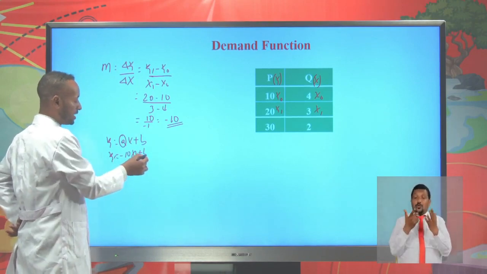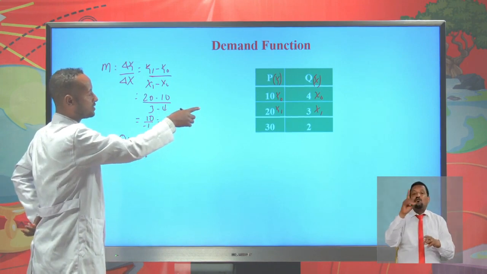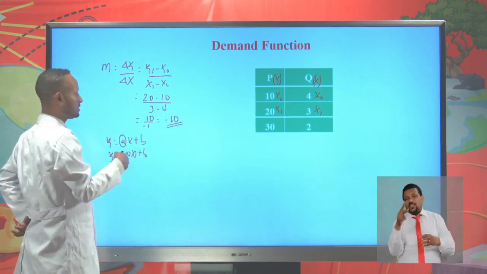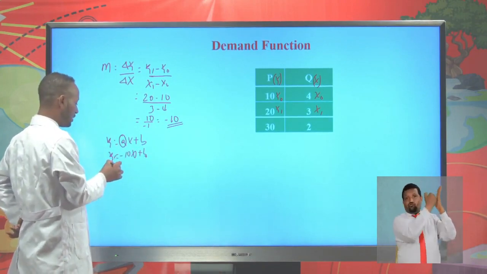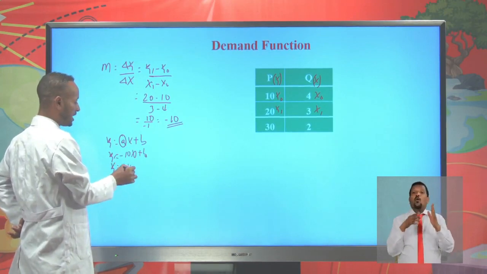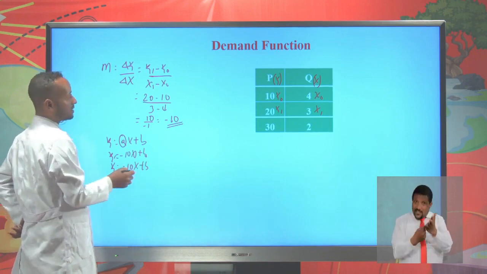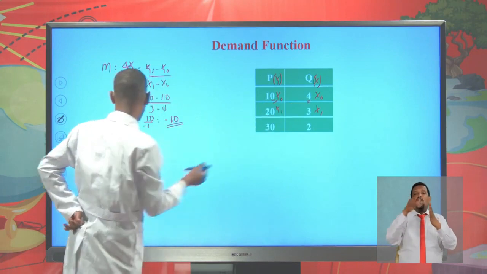In order to get the y-intercept, you can take any coordinate from this information: 10 and 4, 20 and 3, 30 and 2, or other options from the given schedule. So to get the y-intercept b, from y = -10x + b, let's take the first coordinate, the value of y, which is 10, and the value of x, which is 4.